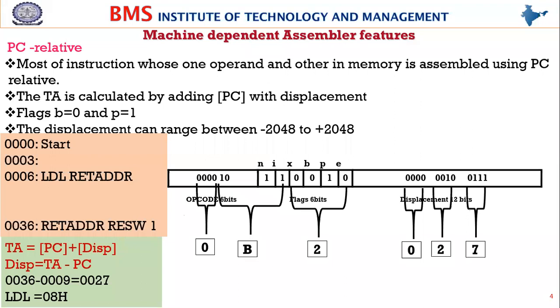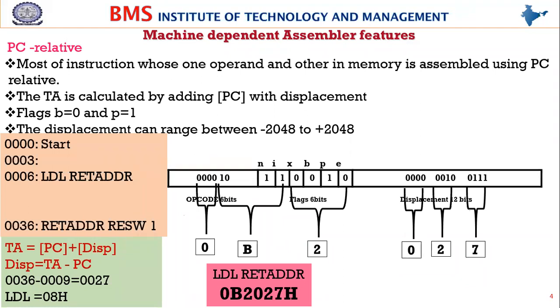So the entire object code for this instruction, LDL return address, will be 0B2027 hexa. This is going to be our object code for assembling PC relative addressing.